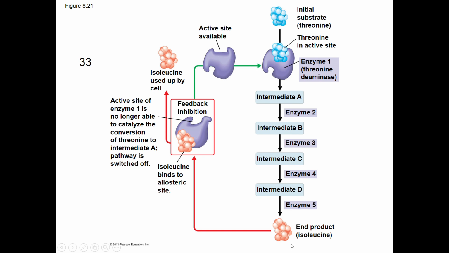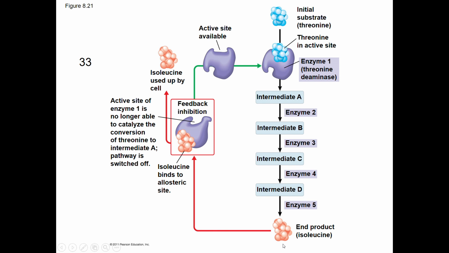The product is isoleucine. Now, we don't need an infinite amount of isoleucine. So what happens is isoleucine actually behaves as an allosteric regulator, and this leads to what we call feedback inhibition, right? The allosteric regulator binds to the regulatory site, changing the active site of enzyme 1, turning it off.